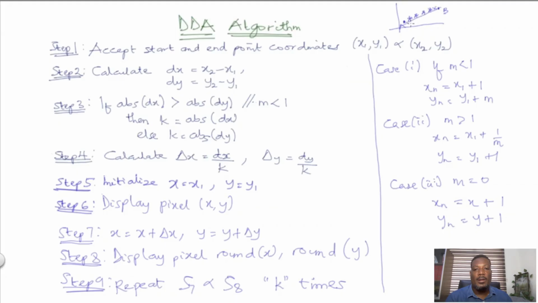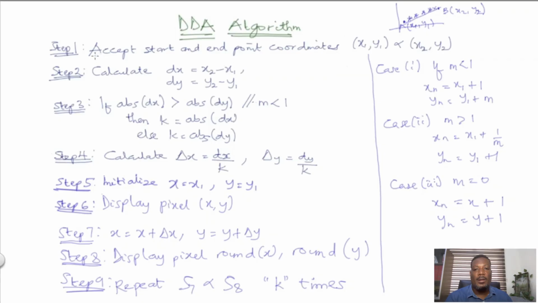The first thing to have in mind is the coordinates that have been given. The coordinate for A might be x1, y1, and that for B might be x2, y2. So we'll be given the two coordinates, and we'll be told to find the intermediate floating points that will help us draw a straight line.